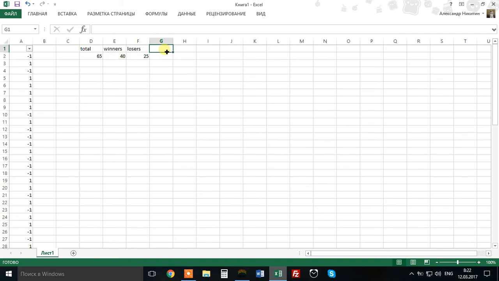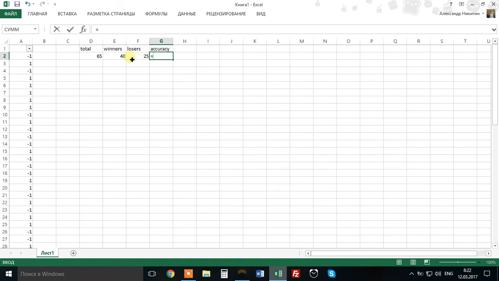Okay, and let's calculate the accuracy. Accuracy, the probability of hitting the first target, very important moment. So what is the probability? You need to divide winners by total amount.